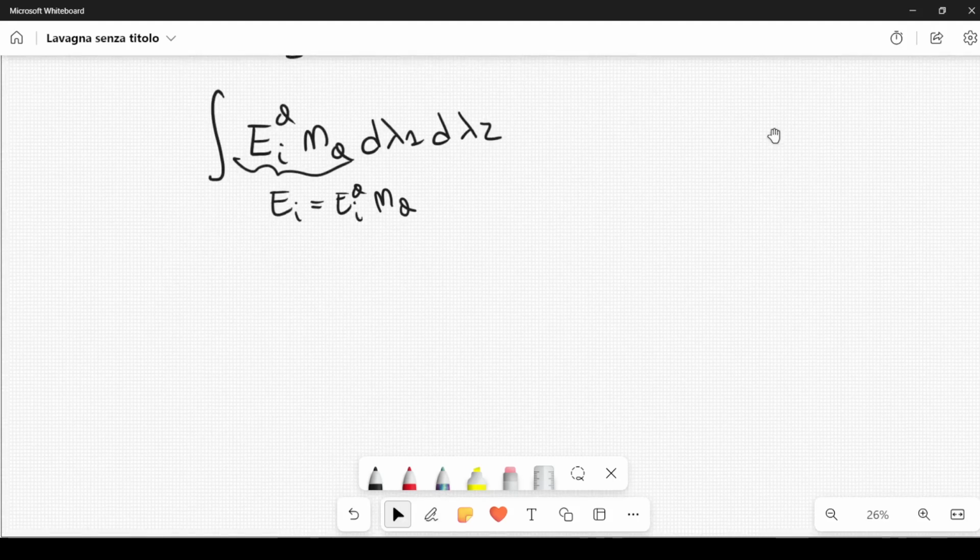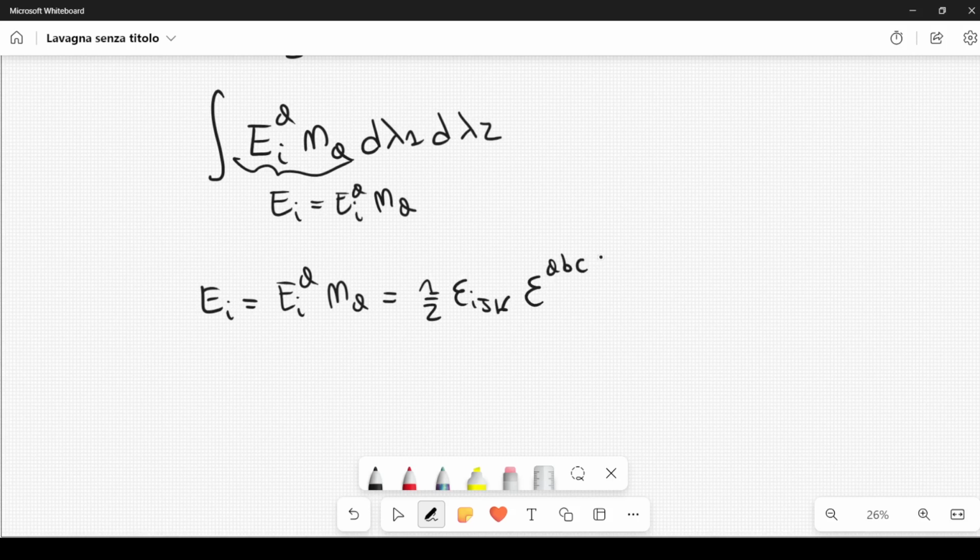And let's rewrite E_i in a different manner. So E_i is equal to E^{A}_{i} n_A, and by using the definition for E^{A}_{i} that we have written above, we can rewrite this as 1/2 epsilon_{ijk} epsilon^{ABC} e_{jB} e_{kC}, and then I can rewrite n_A, the normal to the surface, by taking a cross product.